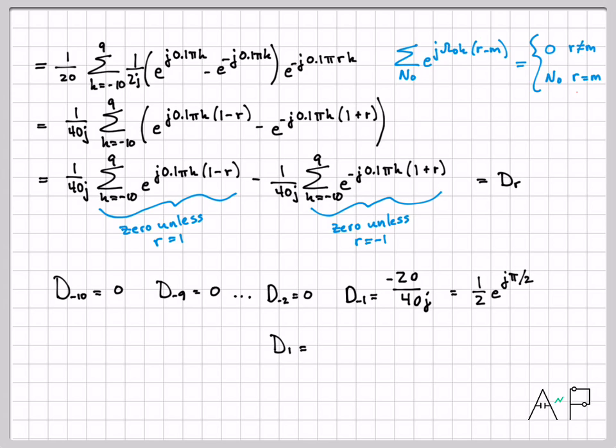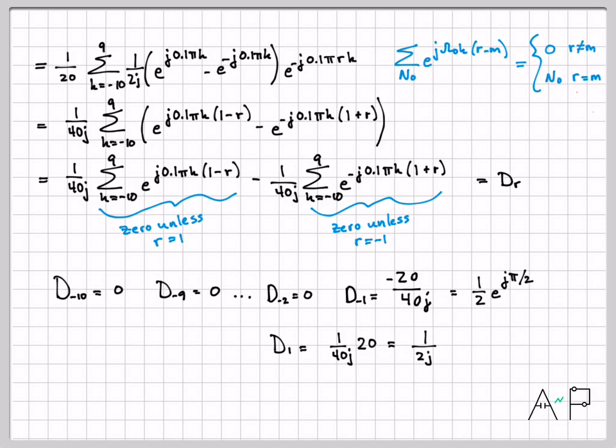All right, you can keep going. d of 0, I get 0. d of 1 is where my next interesting value occurs. This is when r equals 1. When r equals 1, this is 0, but this is non-zero. What do I get? I get 20 over 40j, right? Because this turns into just N naught, just like our rule up here says that it does. 20 over 40j is 1 over 2j. Multiply top and bottom by j again.